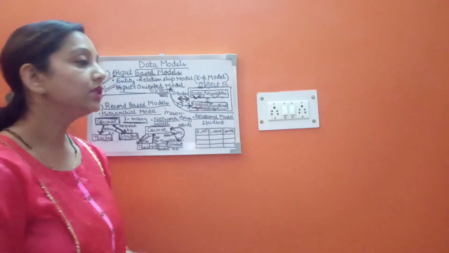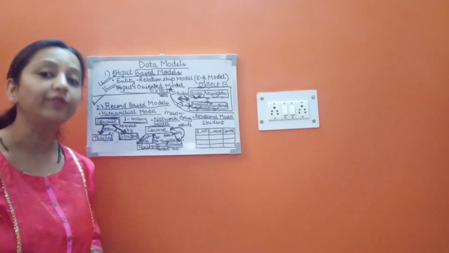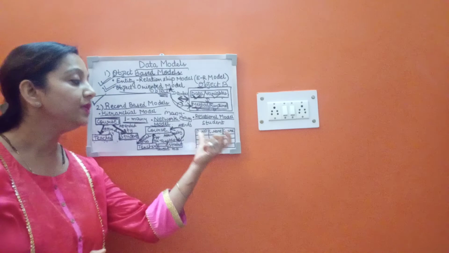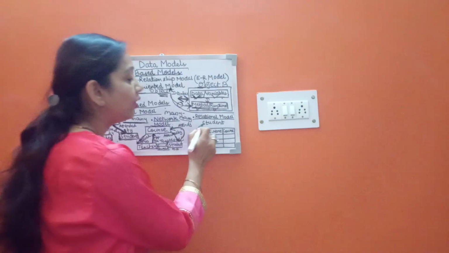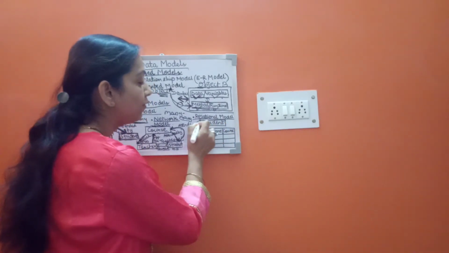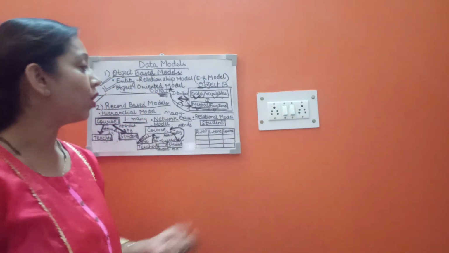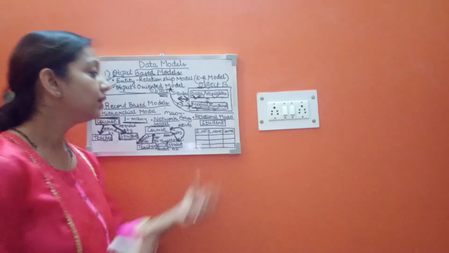Now this relational model basically represents the data inside the database as a collection of tables. That means each record is represented as a table. For example, if we want to represent a student record, we will represent that student record through a table.